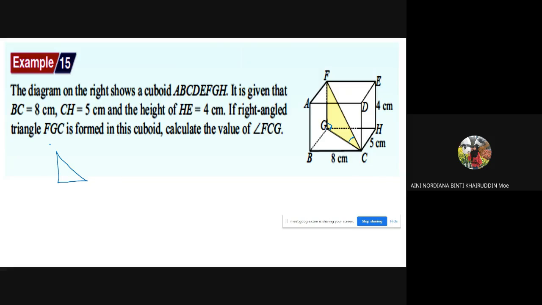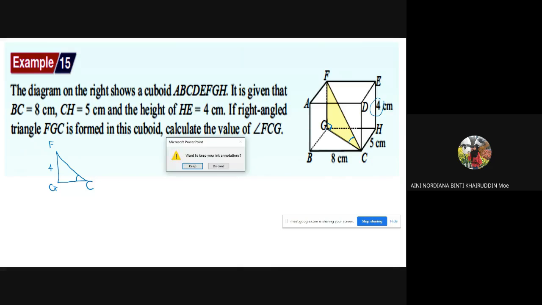So this is F, G, C. So we want to calculate this angle. First we need to know the side, whether FG, GC or FC. So we know that FG equals EH, which is 4 cm. So we write here 4 cm.